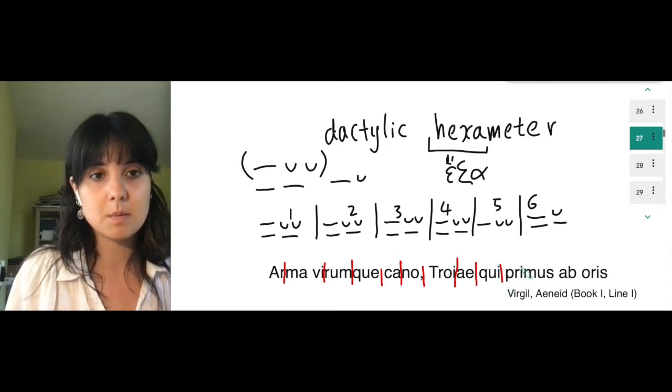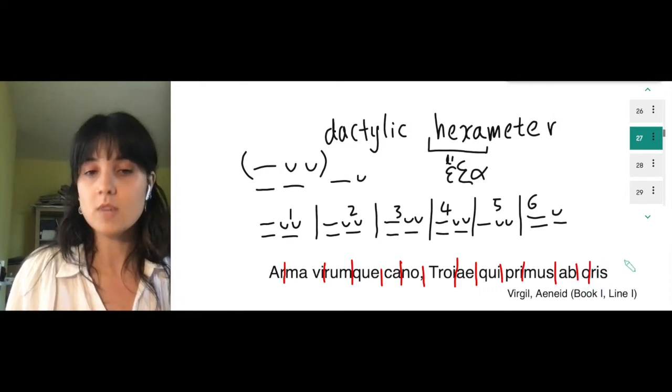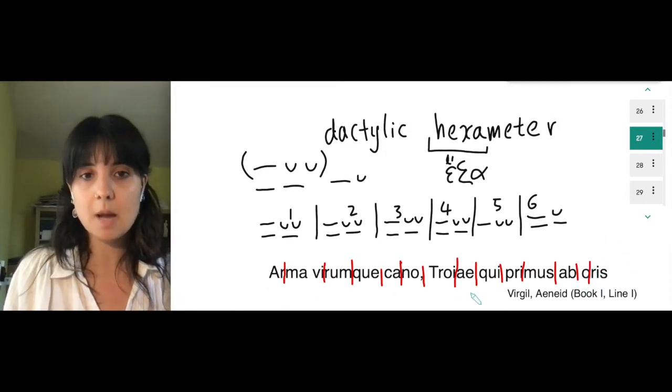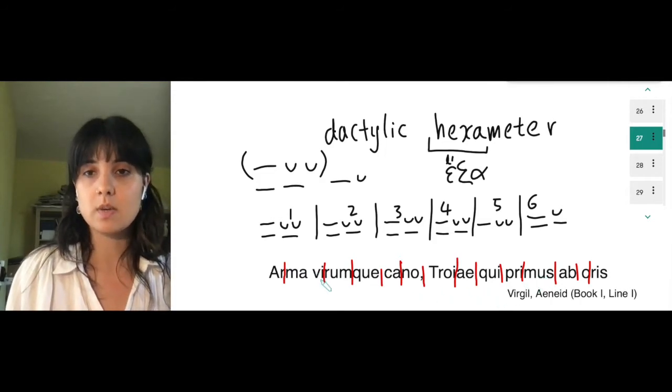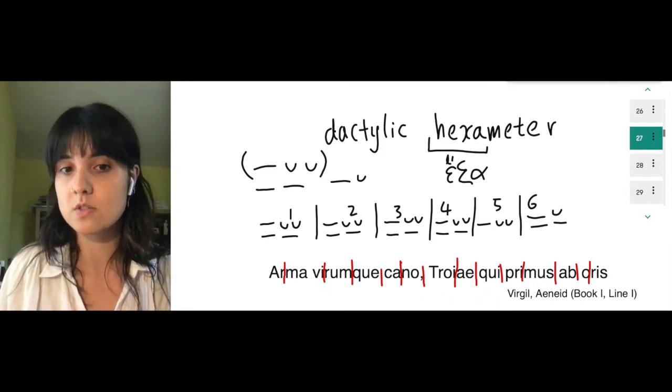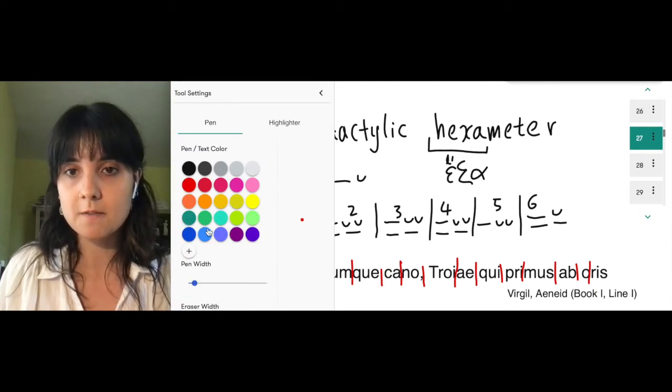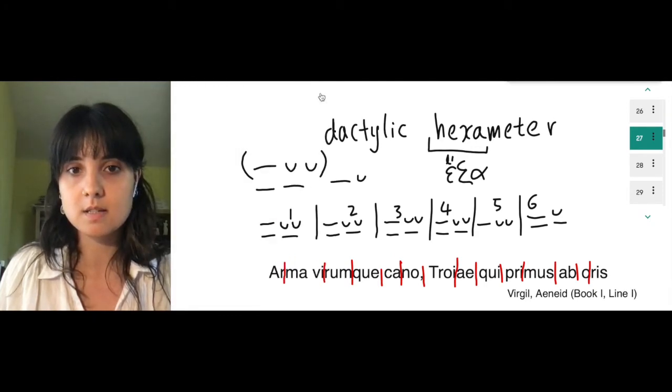Qui is one syllable, pri-mus, ab o-ris. So here we split it up into the individual syllables so we can work out which ones are long and which ones are short. And I'm going to switch colour for this to make it a bit easier to see.